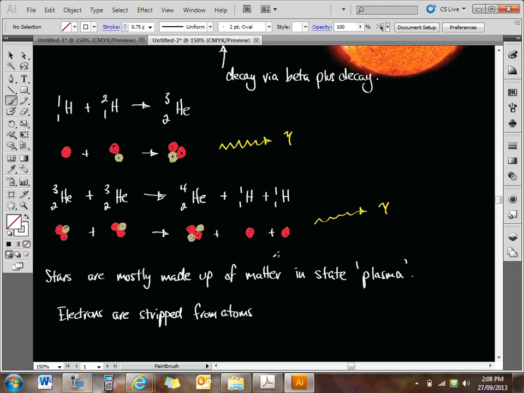So they don't really belong to anything, and this is because of the high energies and pressures that we're talking about, or the high energies rather, really. High energies of the atoms that they belong to allow them to go free, leaving ions, lots of ions, and this is the state plasma.